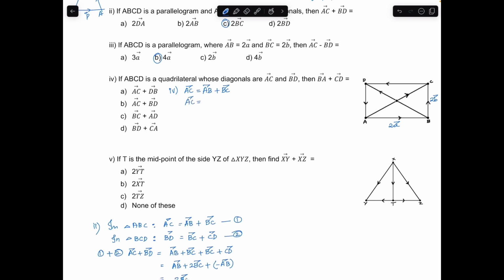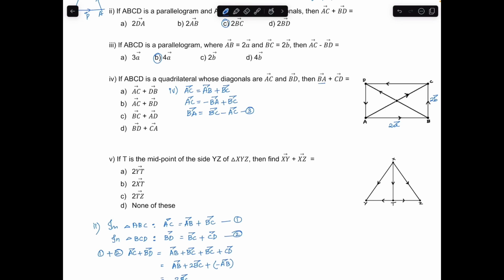Because the question is asking for BA, I am rewriting this AB in BA form, so AC vector is equal to minus BA plus BC vector. So from here, BA vector is equal to BC vector minus AC vector. Let's name this as 3.